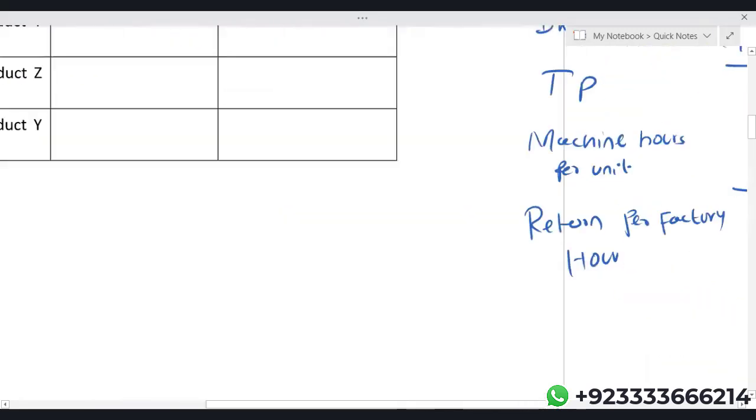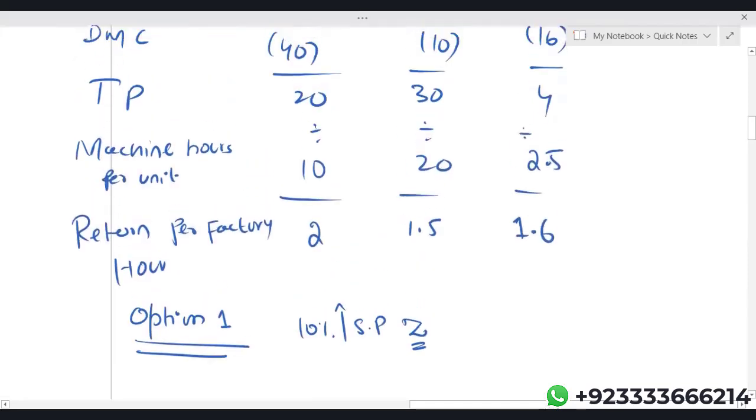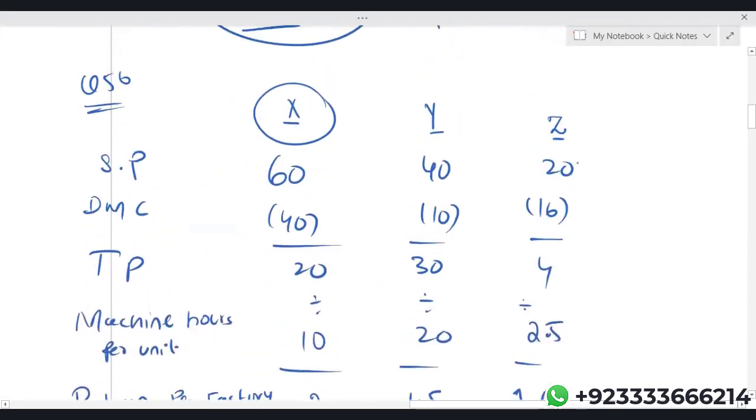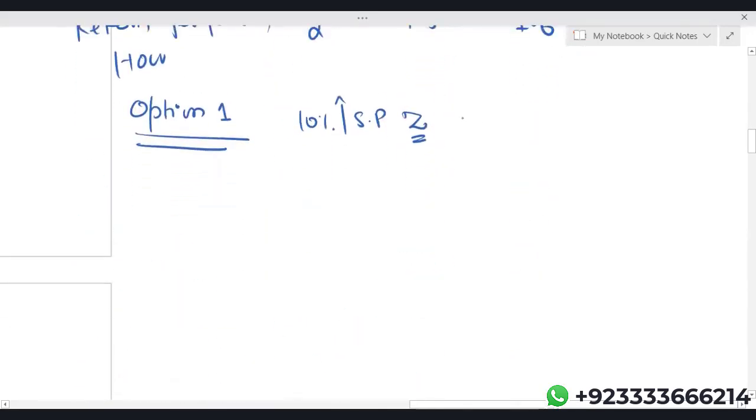Z has a selling price of 20. 20 multiplied by 1.1 gives 22.